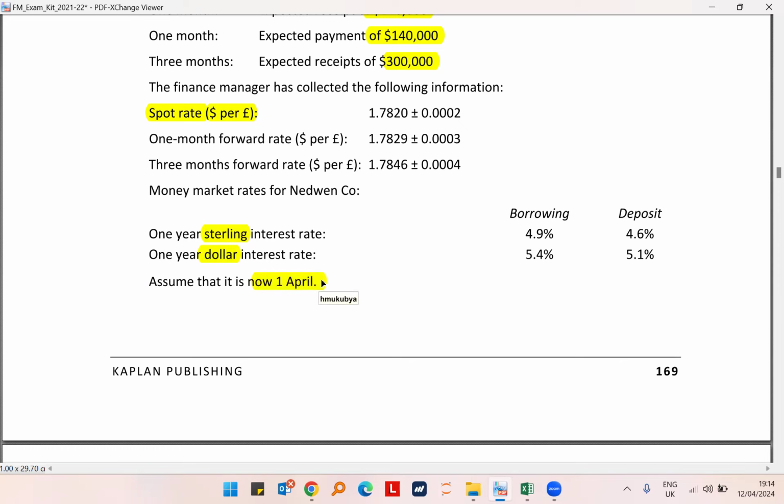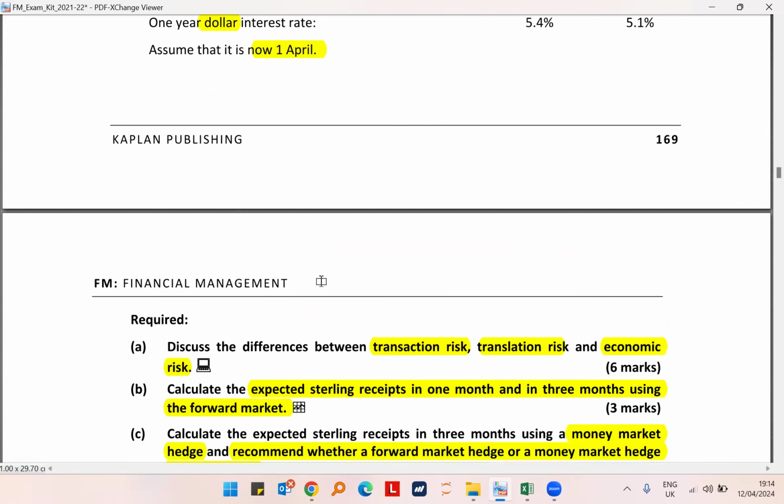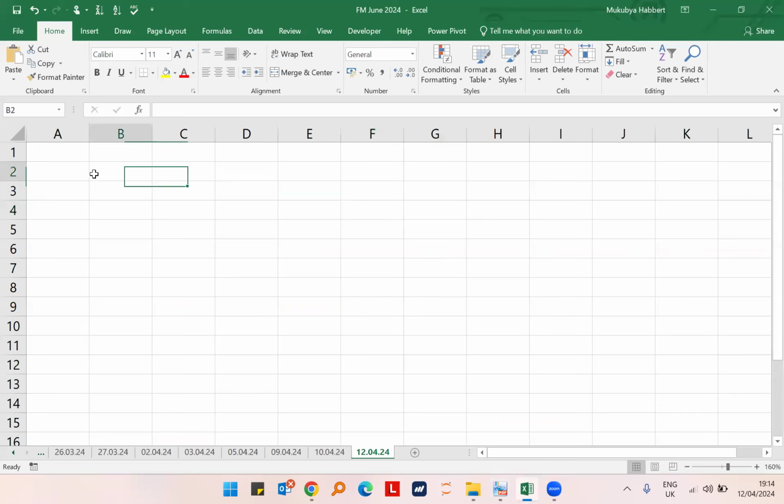So now we have to, first of all, discuss the difference between transaction risk, translation risk, and economic risk. So we can start with that. So we start with transaction risk, then we have translation risk, then we have economic risk.